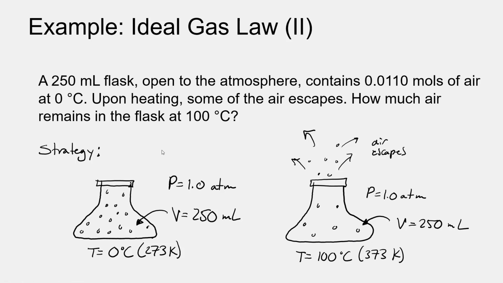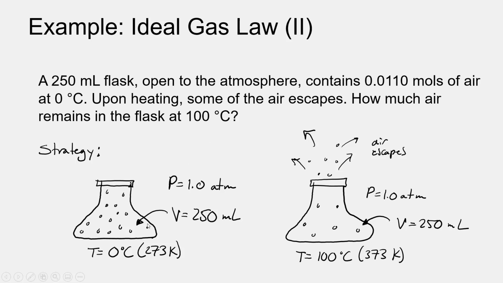All right, so in terms of our strategy, this seems like it's setting up to be: we do the ideal gas law at 0 degrees Celsius, and then we do the ideal gas law again at 100 degrees Celsius. But if you look closely at the information given, we are actually given enough information regarding the initial conditions that we know everything about the flask under the initial conditions just based on the text of the problem.